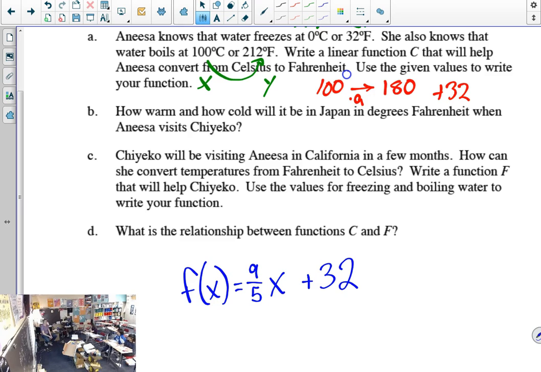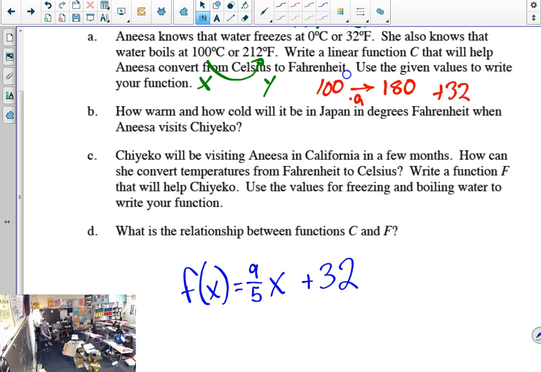Alright, so hold up. We got to convert these temps. Convert your low temp and your high temp then. Wasn't it 25 and 30? Yes. So those are your input values. Oh, 25 and 30 as an input value.